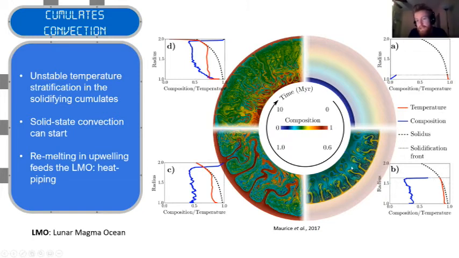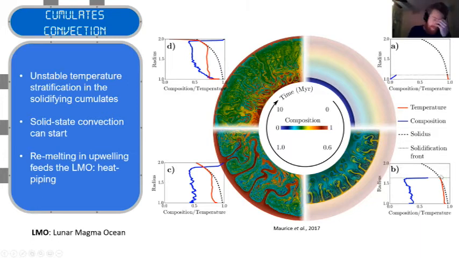And you see that at this point, we already saw that convection was occurring and causing this mixing in the solid parts, which translates in this modification of the temperature profile from the initial solidification temperature.